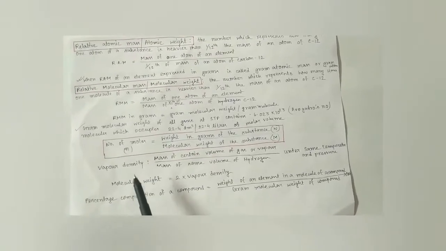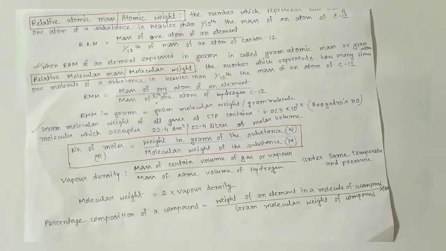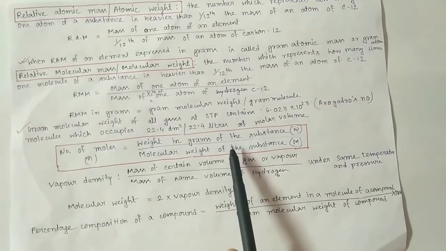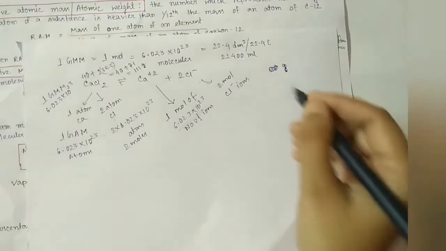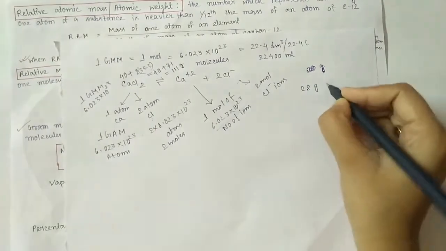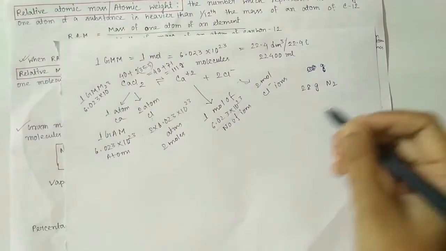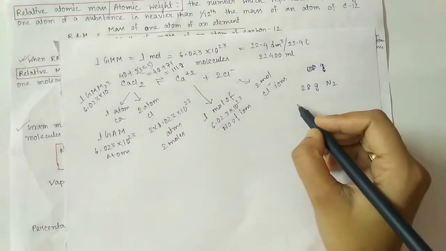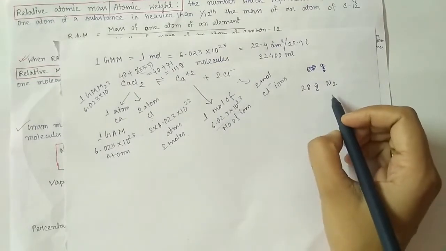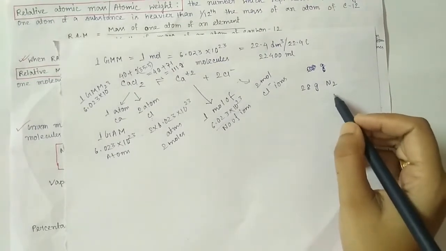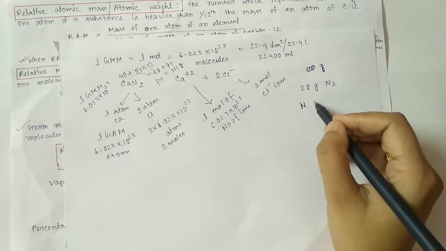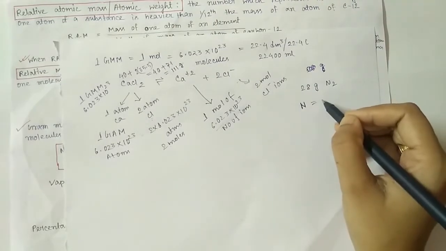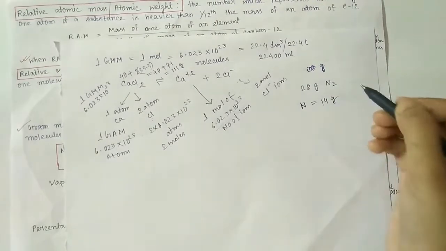Now there is another thing I have written over here, that number of moles is equal to weight in grams of the substance by molecular weight of the substance. For example, you are given 28 gram of nitrogen. Now you have to find the number of moles of nitrogen atoms present in this 28 gram of nitrogen. We know that nitrogen has atomic mass of 14 gram.